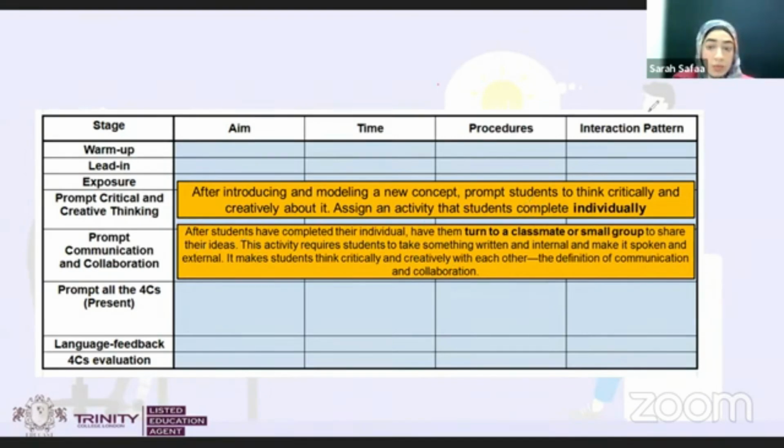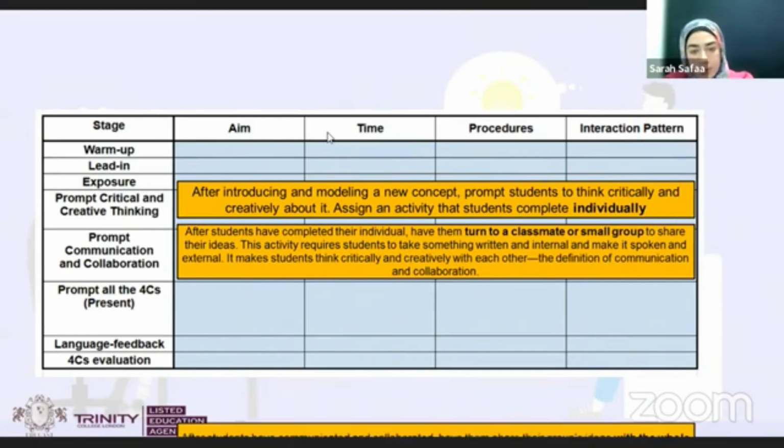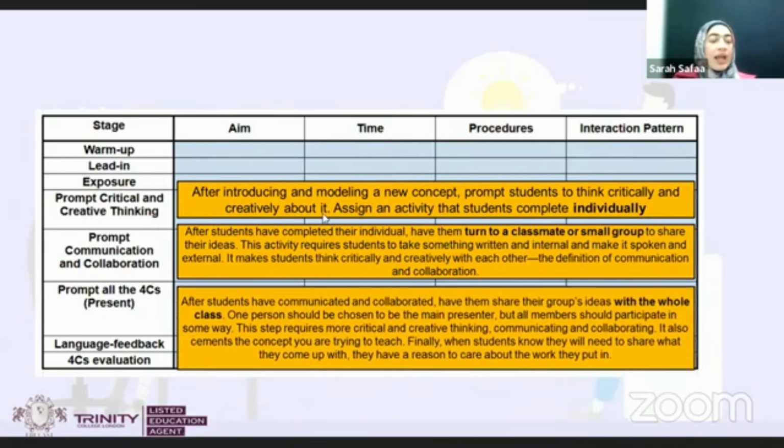So this one is an individual task, and the second one in pairs or in groups. It's like the think, pair, share, but I'm going to give you more details about this. At the end, they make the presentation as I do, because they can share all the outcomes that they have been working on.